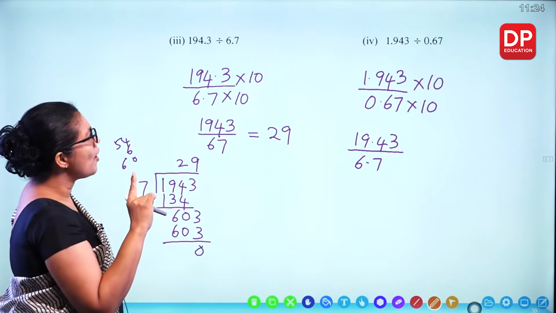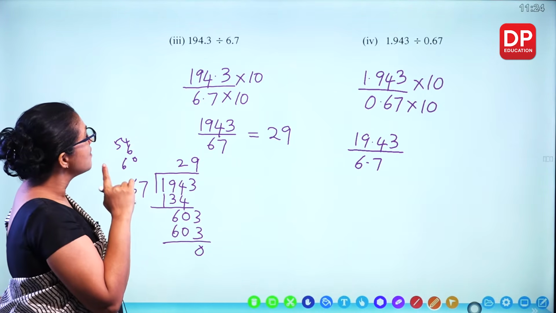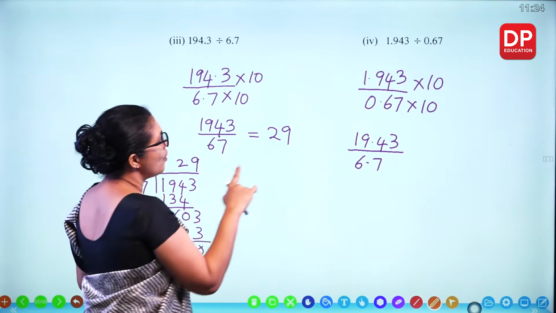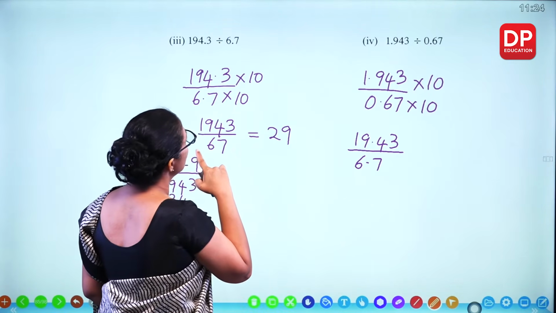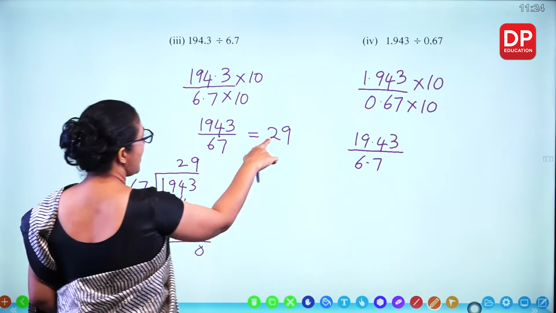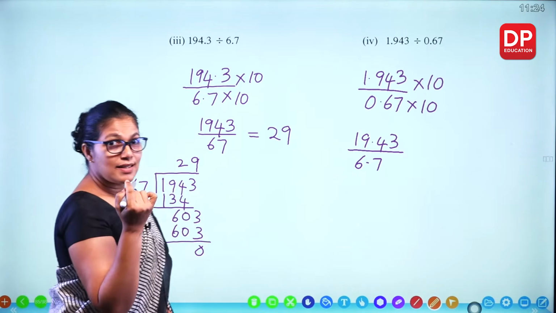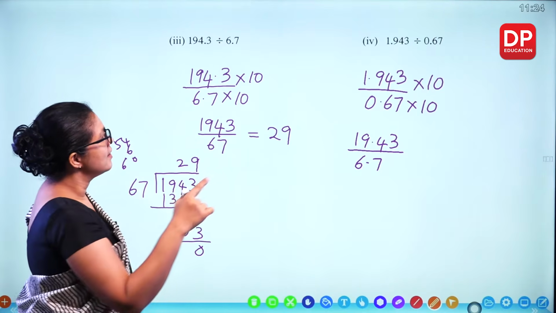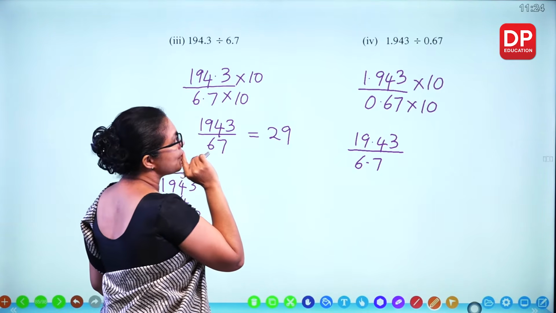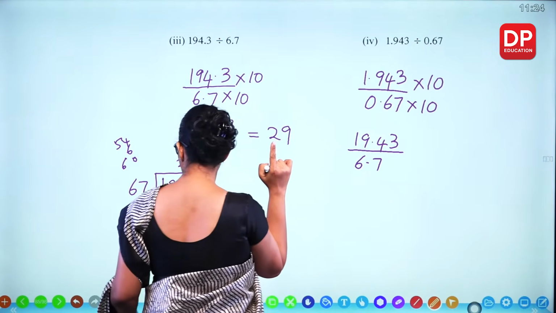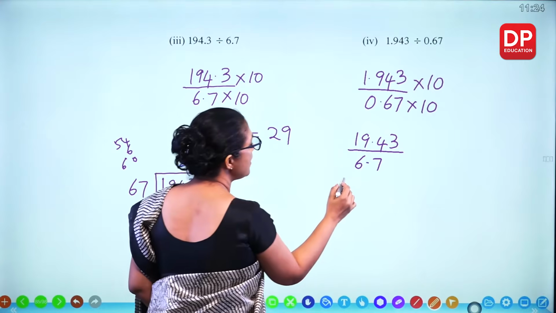So 19.43, how do you get from this one? 194. This divide by 10. So when you divide 29 by 10, you are getting the same answer. So 29 divided by 10, 2.9. But without that, how do you do? We can multiply by 100.